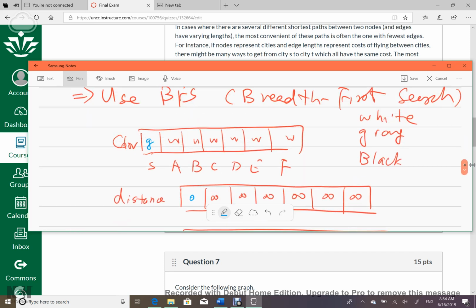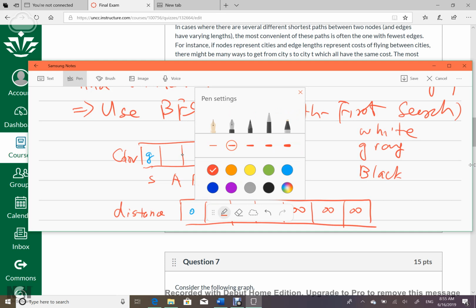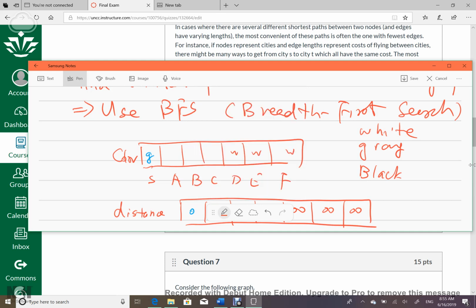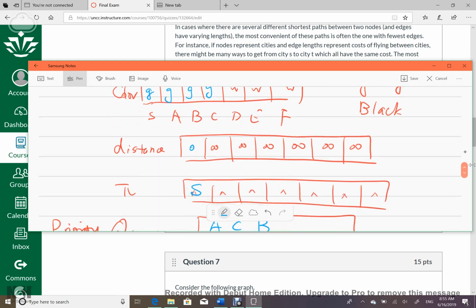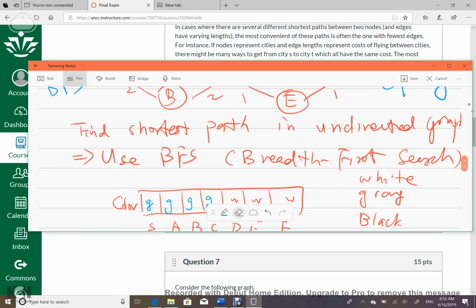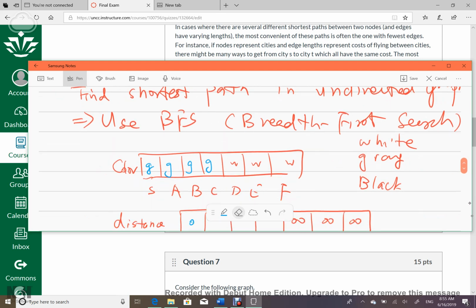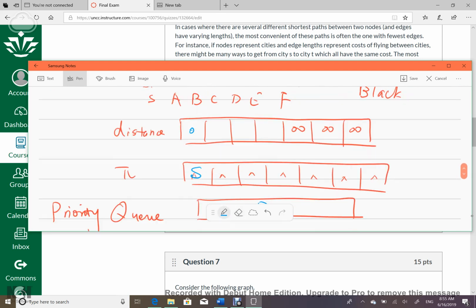And also for A, C, B in Q, this corner needs to be changed to G, G, G, right? We change the color. And the distance also needs to be changed. The distance is based on the weight, and you have the weight here. I would like to say we need to have two distances.